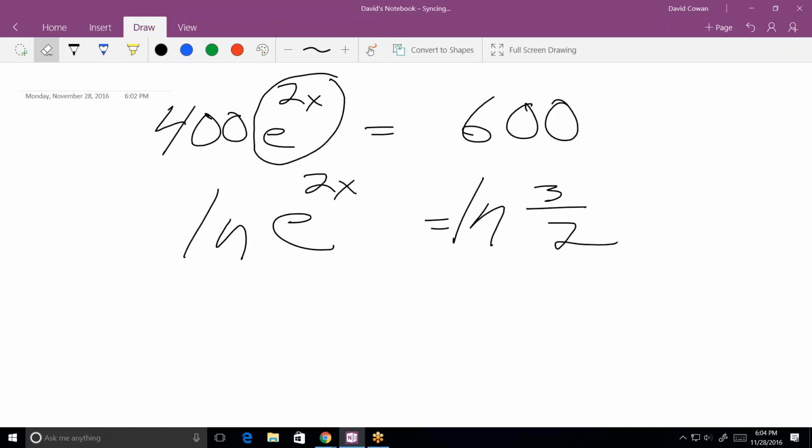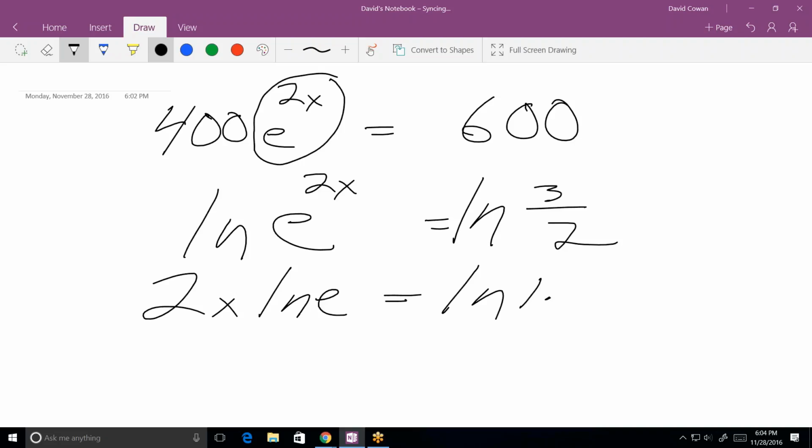And by the rules of logs, I can move this 2x now down on the algebra line. So it becomes 2x natural log of e equals natural log of, I'll change that to 1.5 even though I don't really like doing that. And that I can replace with a 1.